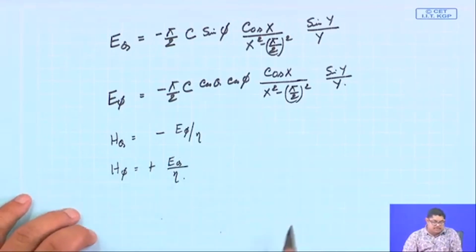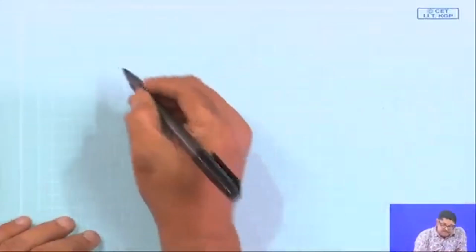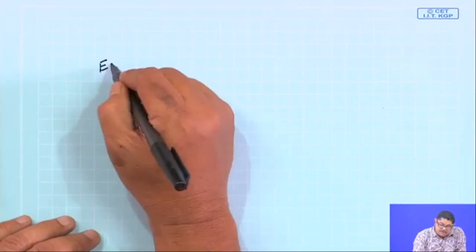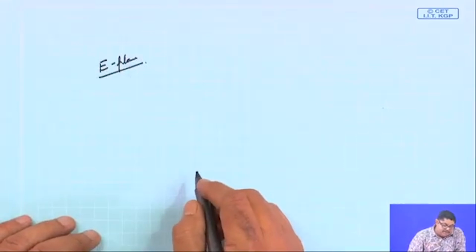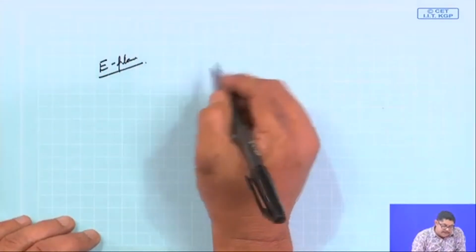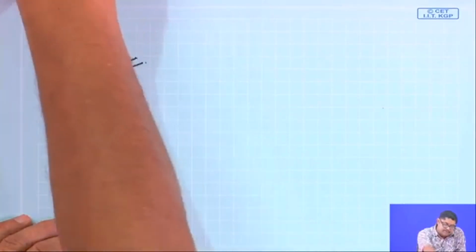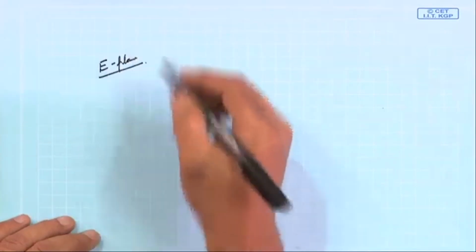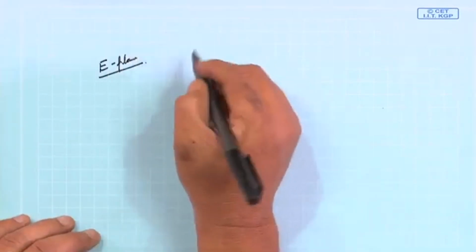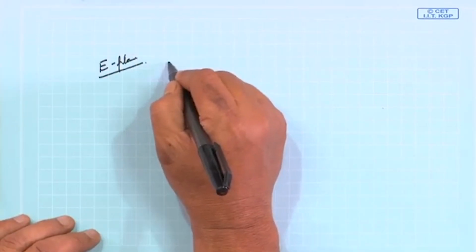So, now what will be your E plane pattern? You have that same thing, and in the E plane, when y is equal to pi, we will get that null.